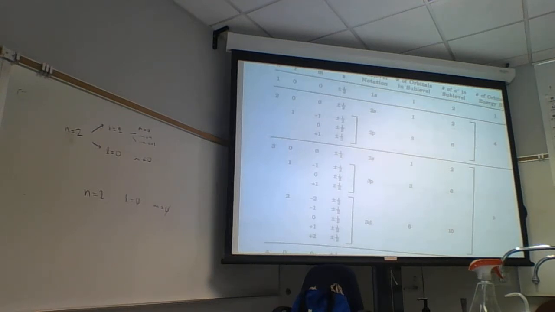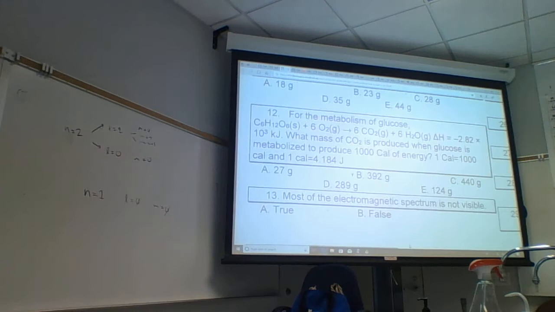I guess we could map this out, or we could just try to figure it out based on dimensional analysis. Did anybody get this? Number 12? What did you get? 392. B. Yeah. Anybody else get B?